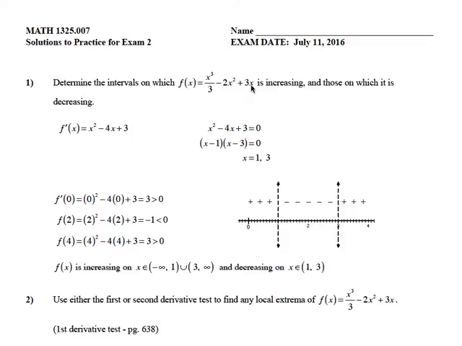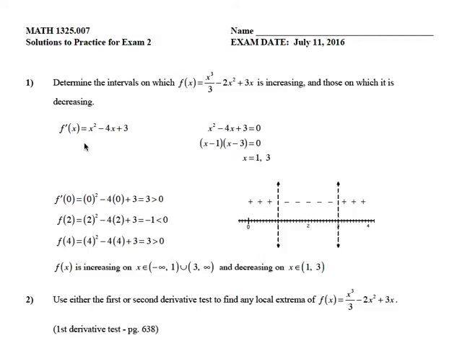And the 3x is a first degree term, and 1 minus 1 is 0, and anything raised to the 0 power is 1, so that's why for linear or first degree terms, they differentiate to the coefficient.